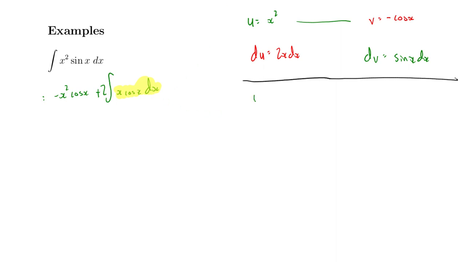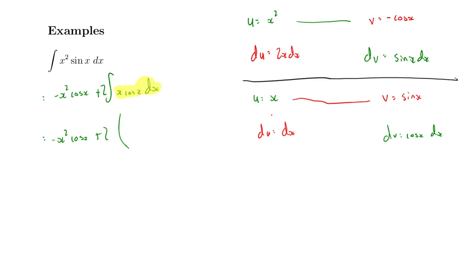For this integral, we'll pick u to be x and dv to be cosine x dx. Now we can find du, that's going to be dx, and v, that's going to be sine of x. So now we still have this negative x squared cosine x plus 2 times these things. uv, that's going to be x sine of x minus the integral of v du, that's sine of x, and then just this nice differential dx.